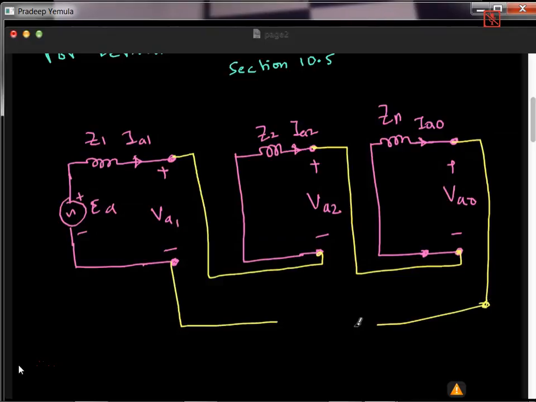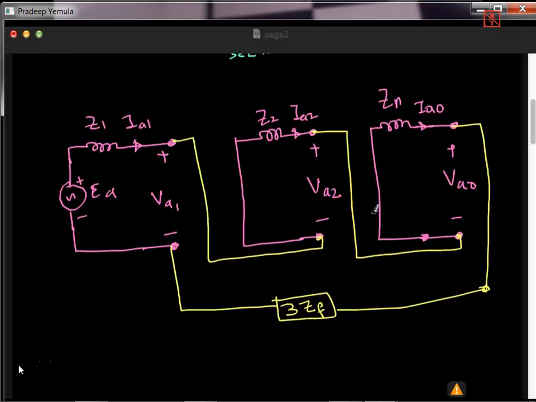Between these two you connect 3 times Z fault, whatever the impedance of the fault. Then your analysis is completed. So this diagram now is the sequence network of LG fault.